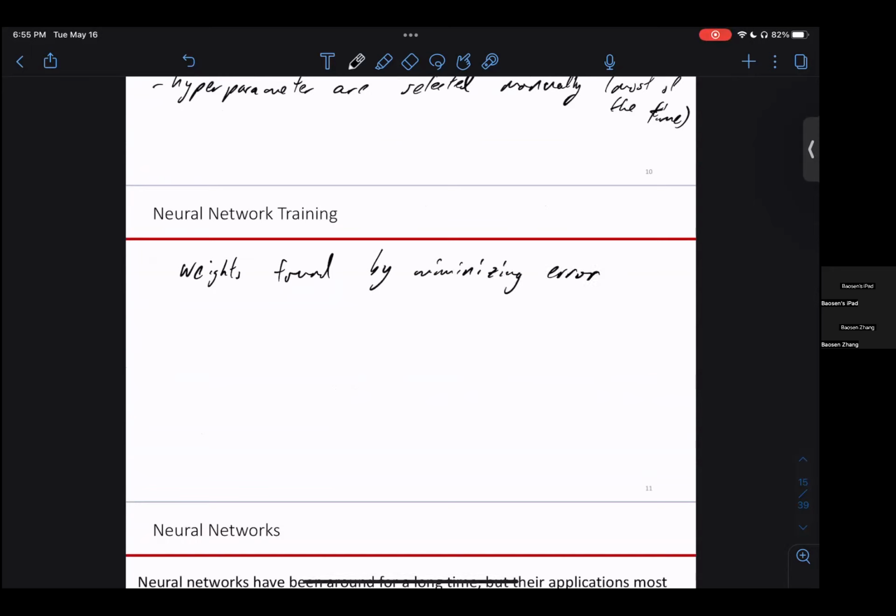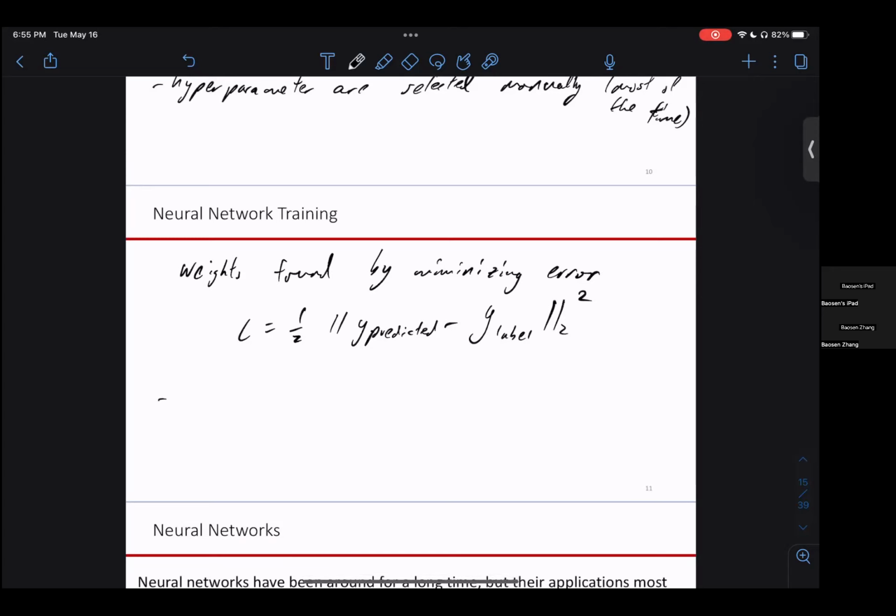The weights are found by minimizing the error, and the error is a very standard error, your loss function. You have a prediction, you have your label, then you update the weights to minimize this error.